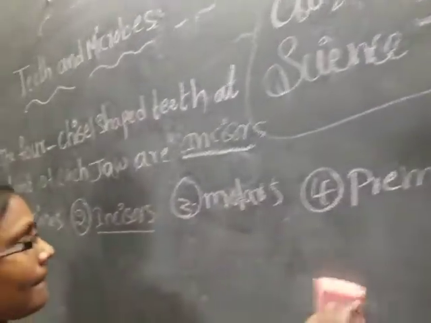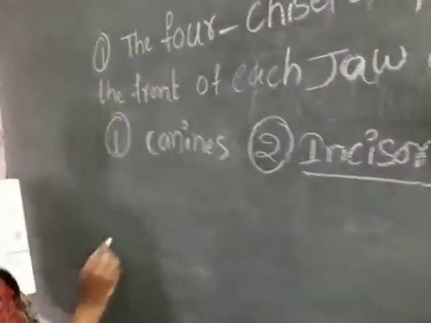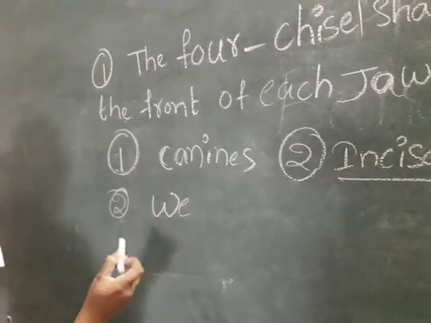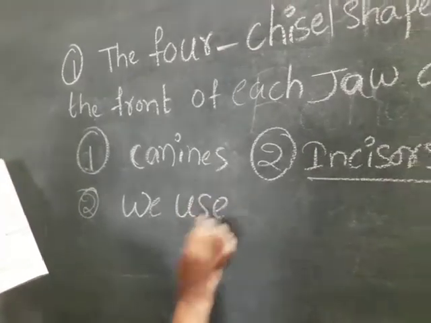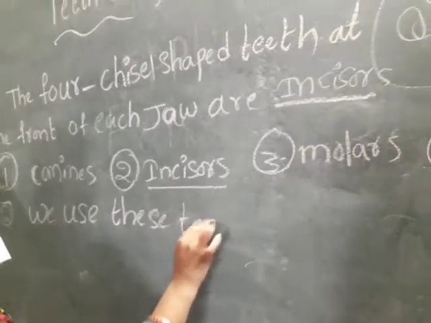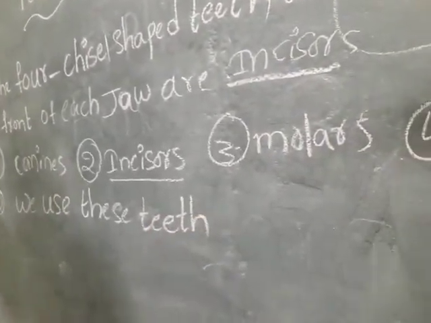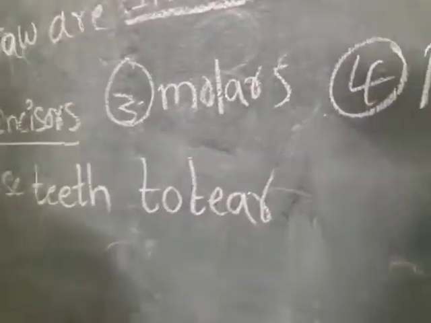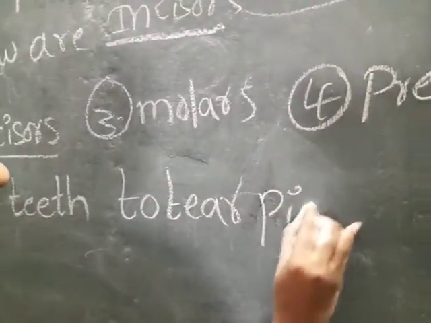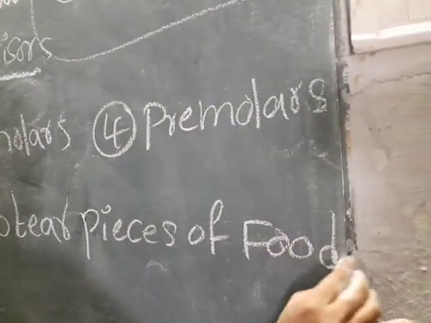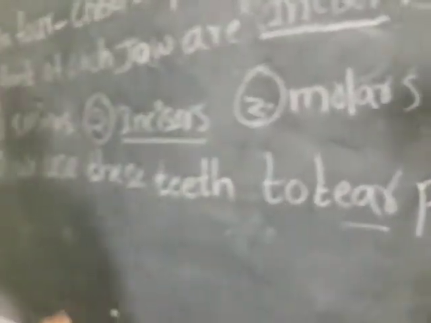Next, second bit. We use these teeth to tear pieces of food. Which teeth can we use to tear the pieces?